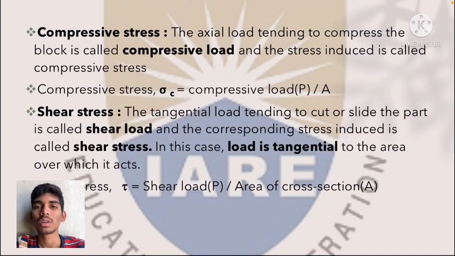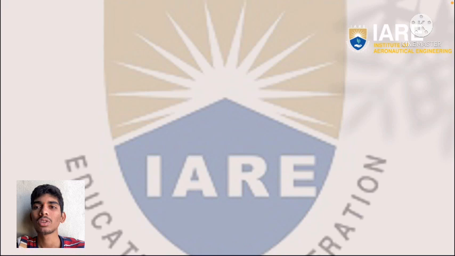The tangential load tending to cut or slide the part is called shear load, and the corresponding stress induced is called shear stress. In this case, the load is tangential to the area over which it acts. Shear stress is denoted by tau, which is equal to shear load P by area of cross section A.